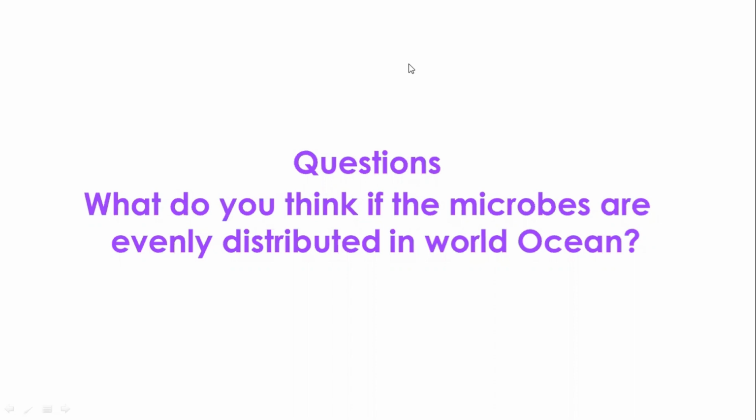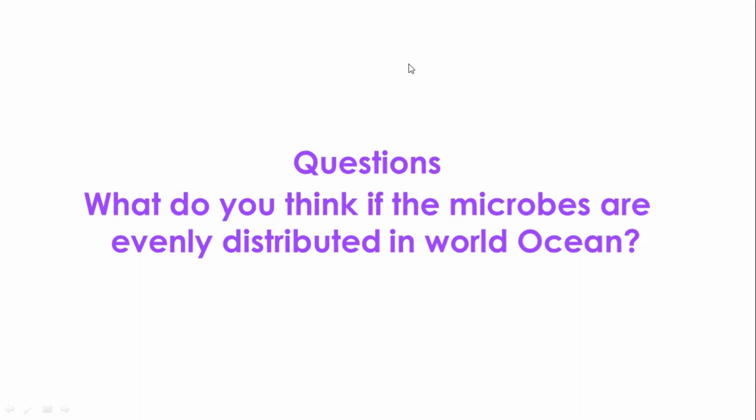One particular example: let us suppose, considering any abiotic factors, if the bacteria is more adapted to live in the cold waters, there may be rare chances that it will be available in the other part.